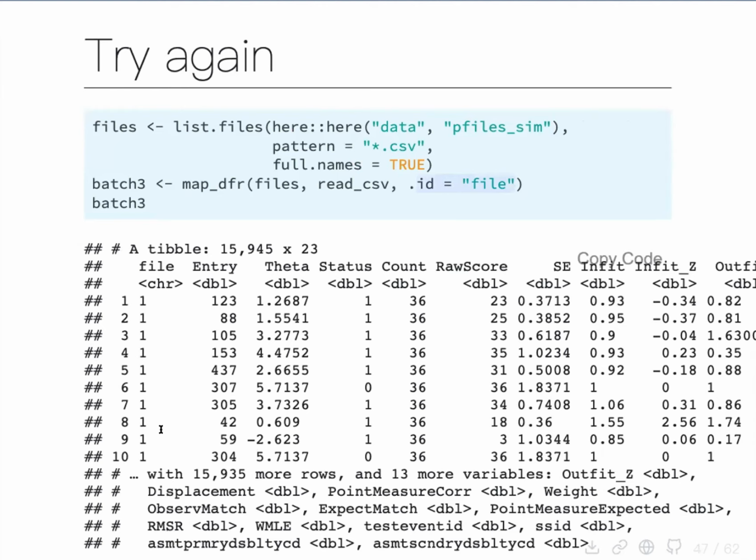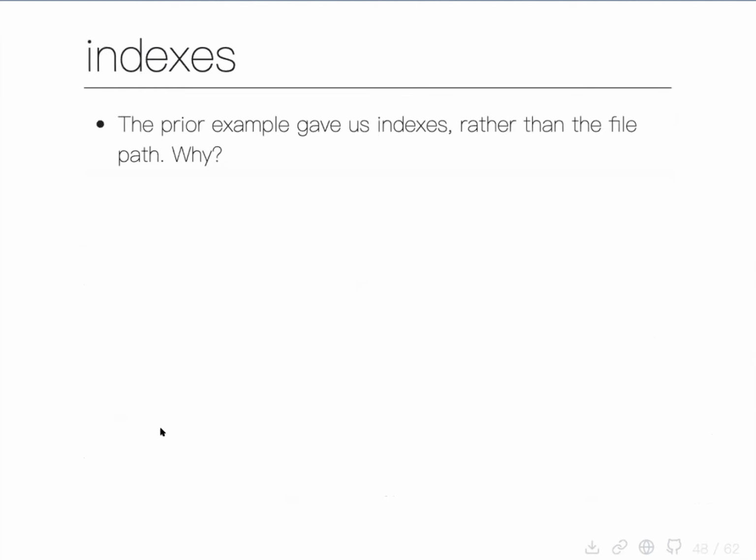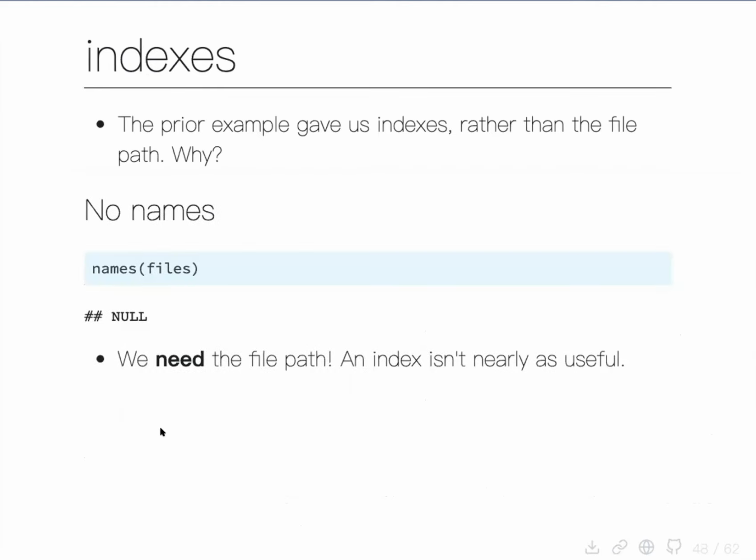This is the first one, then the second one, then the third one. Why? Because it doesn't have names. Remember that the .id argument will put the name of the thing in there if it has a name, and otherwise it will just index it 1 to n. So list.files returns a vector of the file paths, but that vector is not named. If I say names on files, I get null.